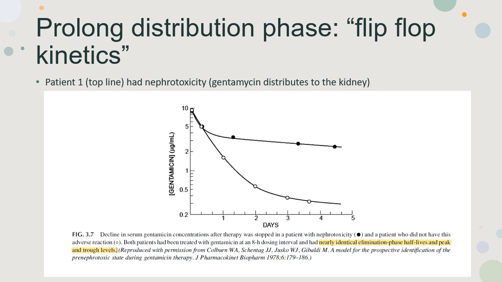These patients got the exact same starting dose, the exact same peak, and because it's no longer distributing into the kidney, now it's going to just go through normal elimination, which, because the kidney's out, I assume is getting eliminated through the liver. But notice that the slope of the elimination phase is basically the same.